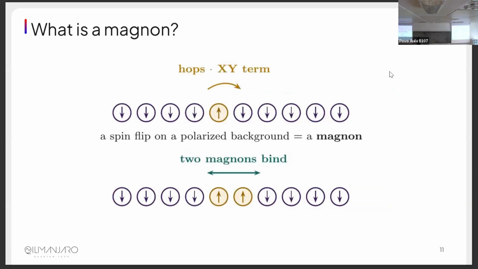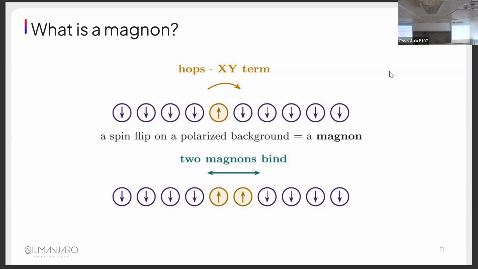So now we pass to the spin part, where we have an XXZ model. I'm going to present the quasiparticles in this model. One of the quasiparticles in this system is what is called a magnon. If we have a polarized vacuum where all the spins are down, then a spin up represents a magnon that can move along the chain.